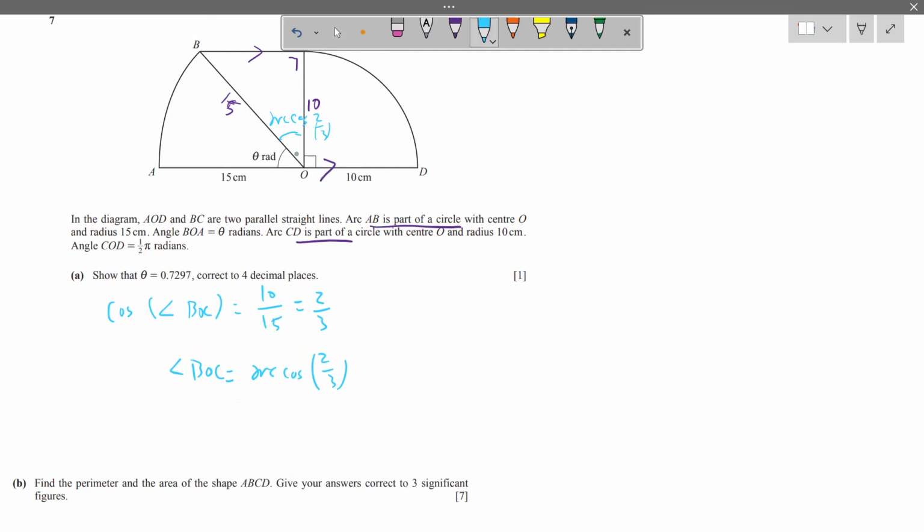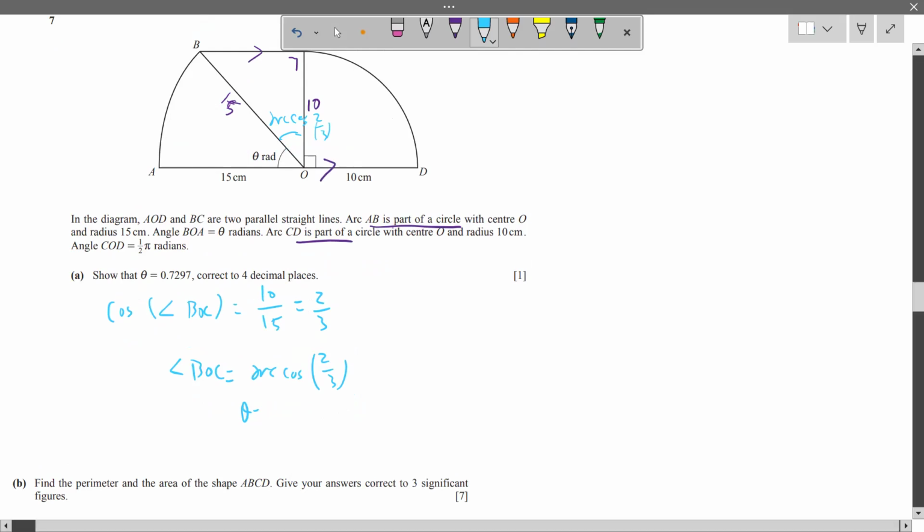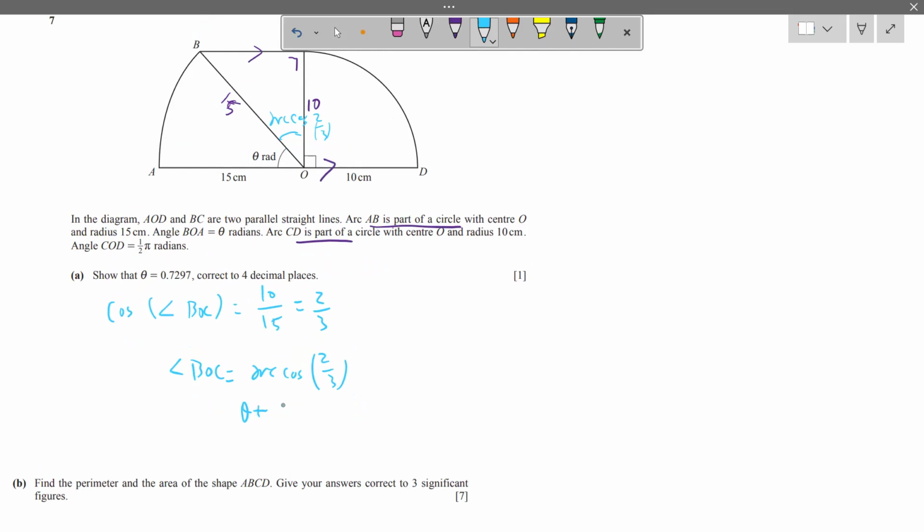All right, so now notice that these three angles must be equal to 180. The sum of them must be equal to 180. So we have theta plus arccos 2/3 plus pi over 2 must be equal to pi radians.